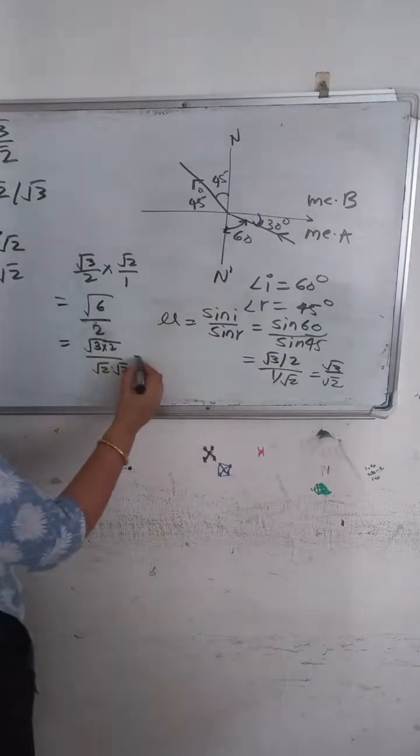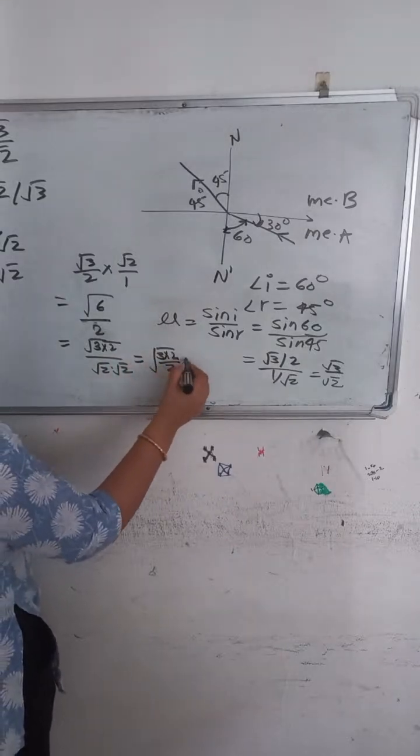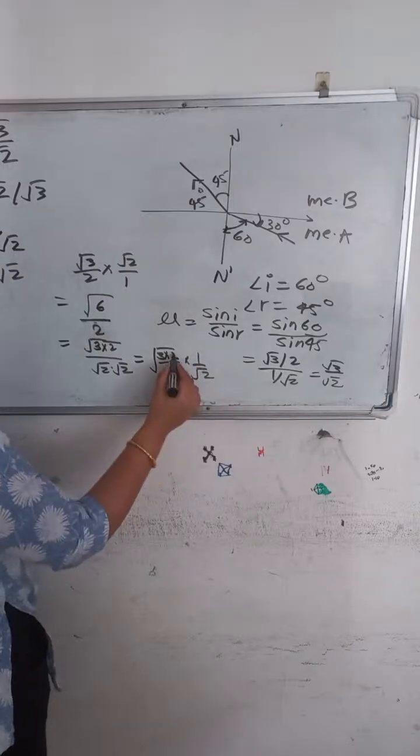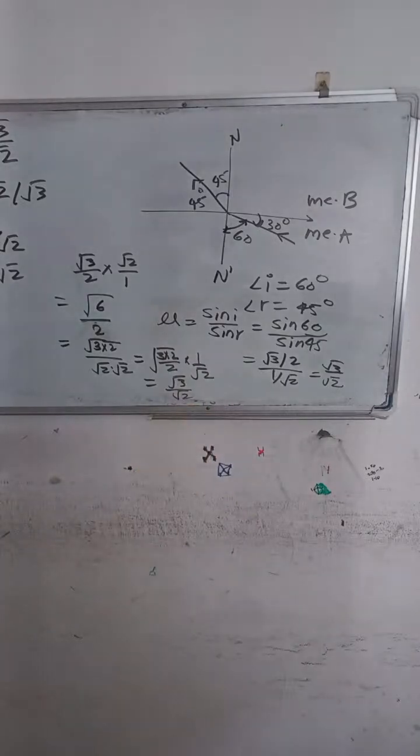And then you can write it as root 3 into 2 by 2 into 1 by root 2. The 2 gets cancelled and we can write here root 3 by root 2. So this is the simplification. Sometimes this question they can ask for 2 marks also, because we have some mathematical calculations over here. Copy this much or take a screenshot.